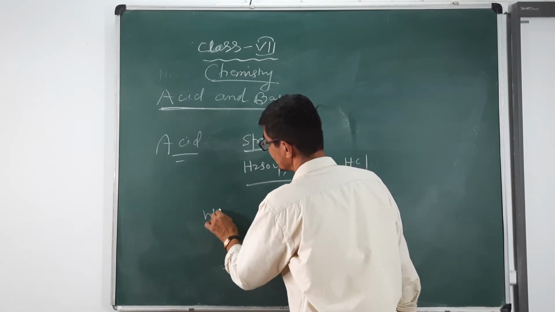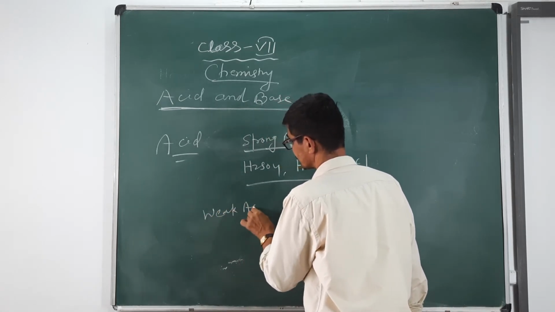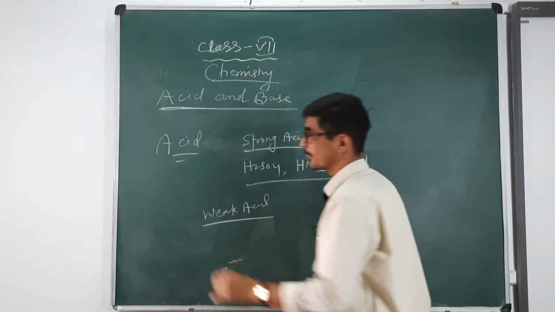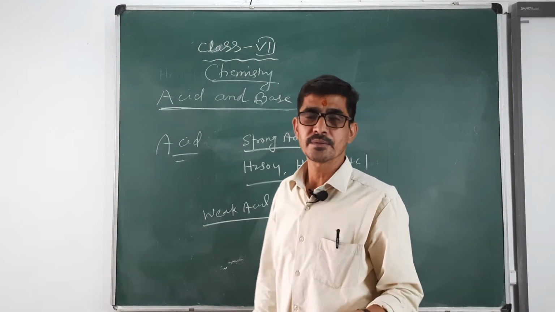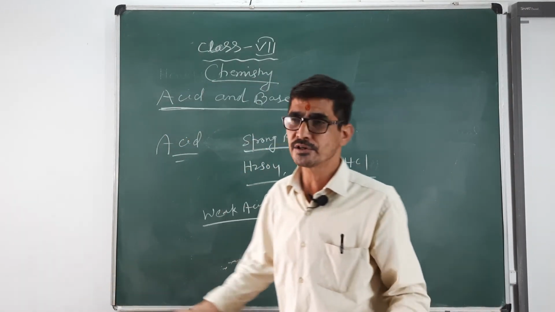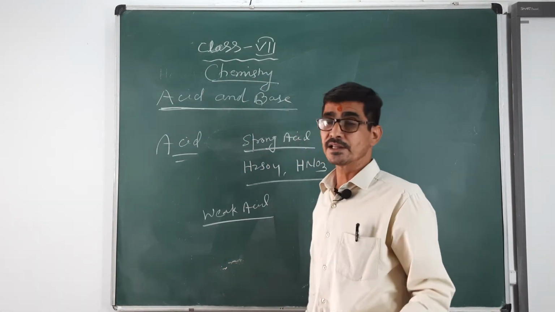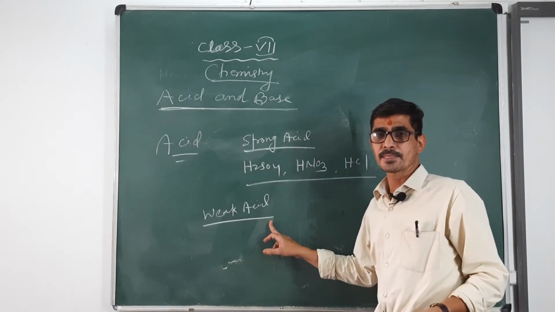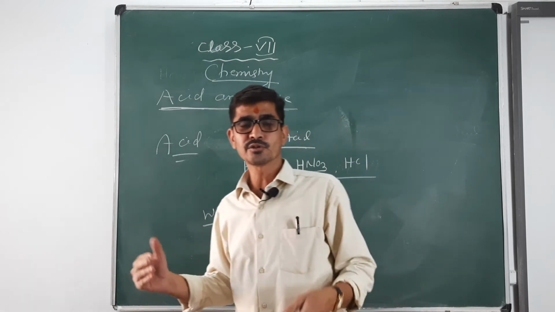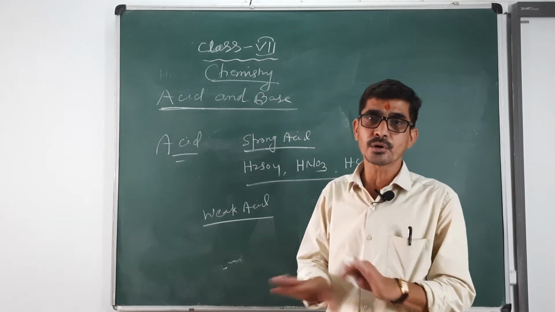Now, in case of weak acid, an acid which is partially dissociated, not completely dissociated in aqueous solution, and gives fewer hydrogen ions is called weak acid. Partially means not fully dissociated.